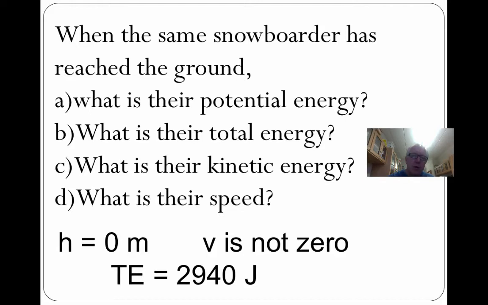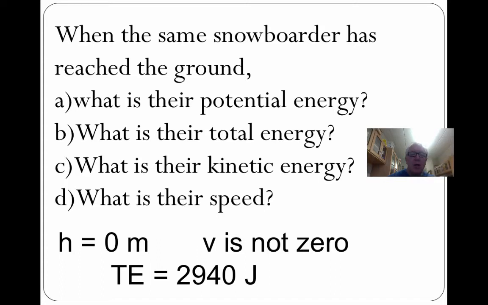Okay, we remember again that the total energy never changes, so it's 2,940. But now that you have the height and you still have the mass, you can make these calculations for potential energy. Of course, with a height of 0, the potential energy will be 0. We know that the kinetic energy is going to be 2,940 because there's no potential energy. It's all kinetic energy now.